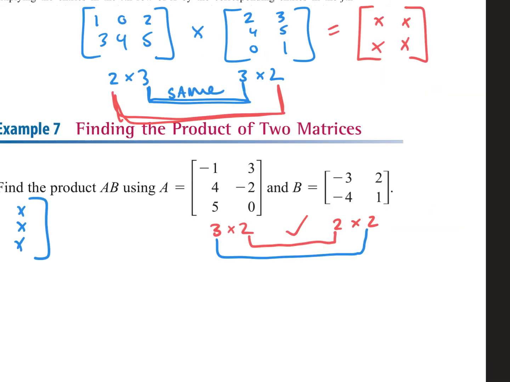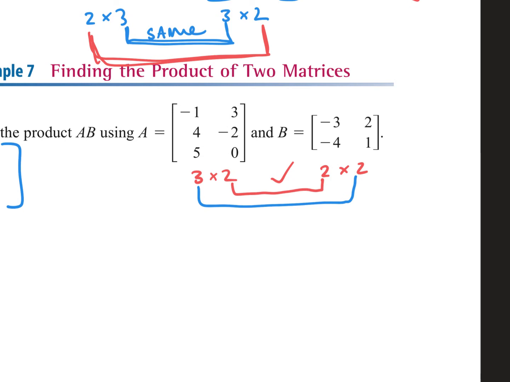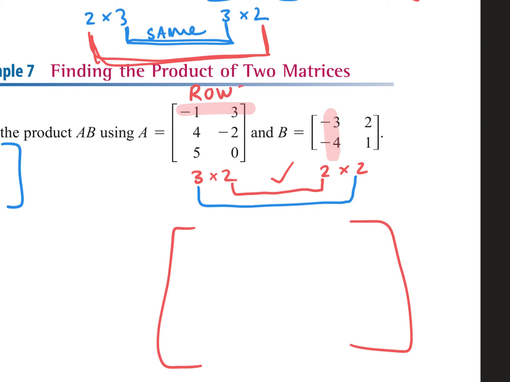All right, now when we multiply row by column, I'm starting with my first matrix, the first row, and the second matrix, the first column. So in my first matrix, I move in rows. The second matrix, I move in columns.